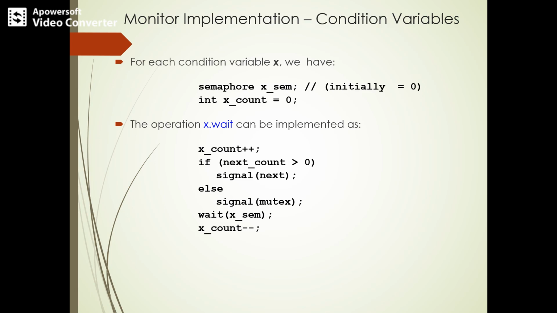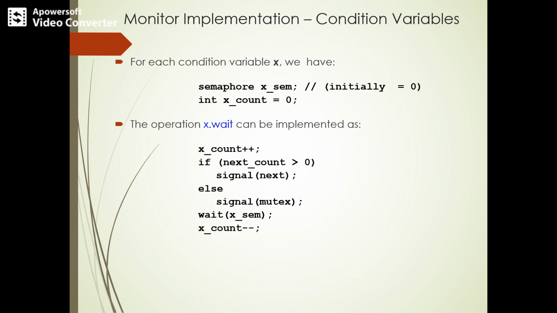First of all, x_count is incremented. So the count of the integer variable which was initialized to 0 is incremented first. Then if next_count is greater than 0, that is, if the number of signaling processes that are waiting is greater than 0, we signal next.